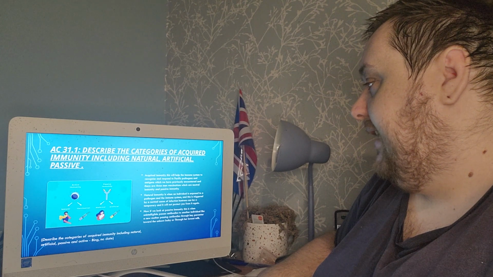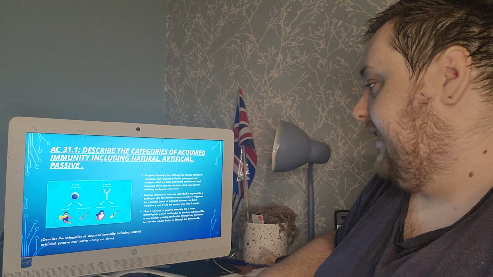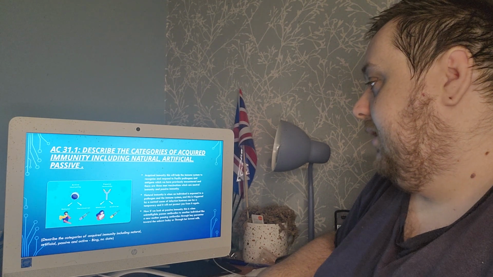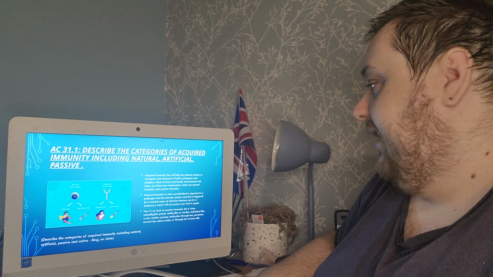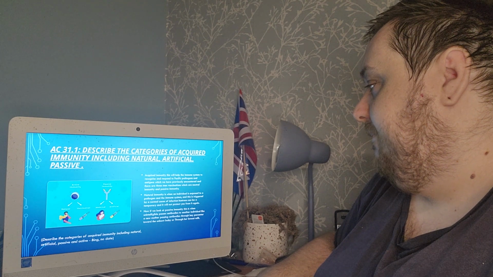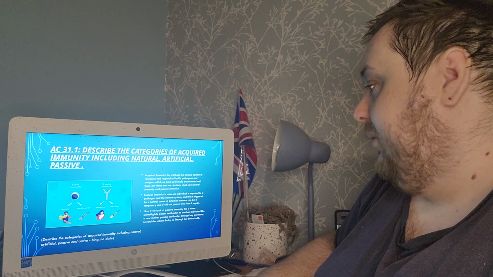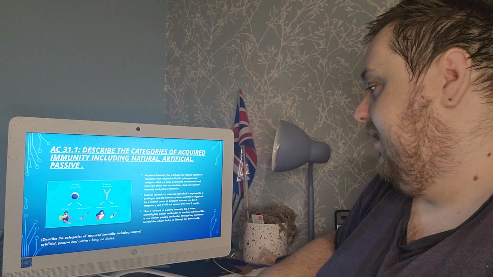Acquired immunity will help the immune system to recognize and respond to specific pathogens and antigens which we have previously encountered, and there are two main types, natural immunity and passive immunity.